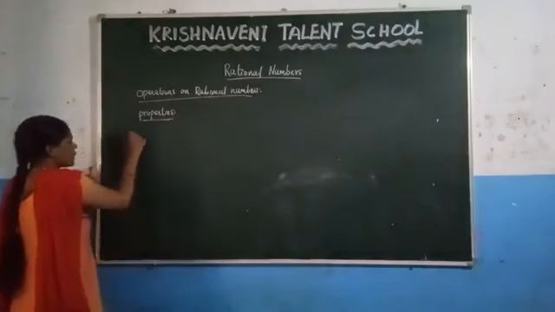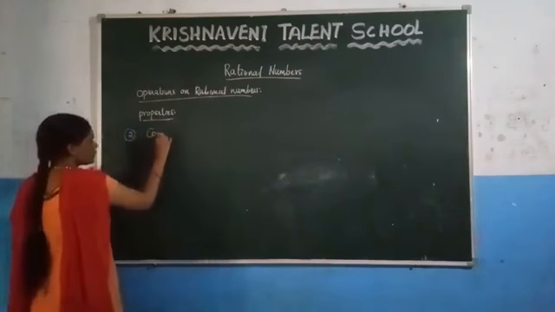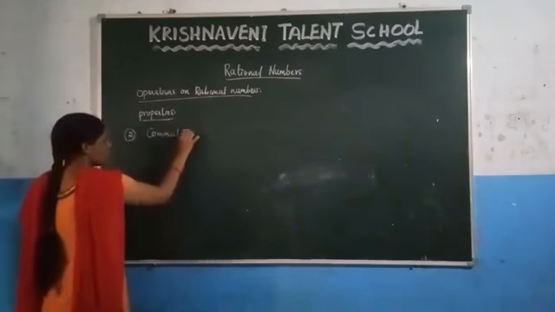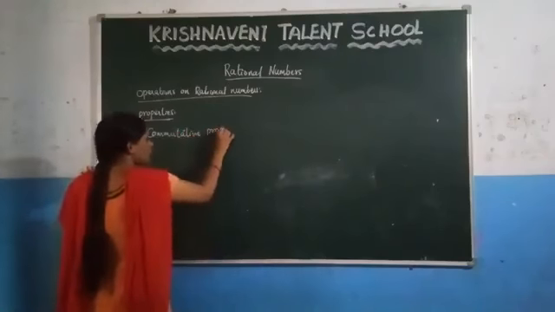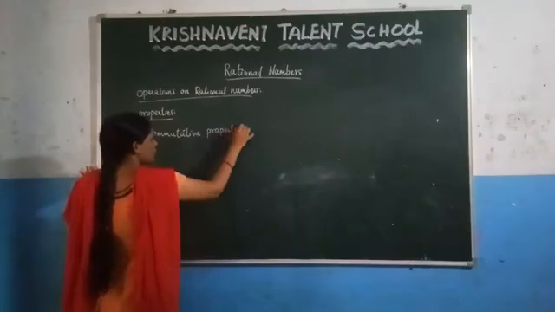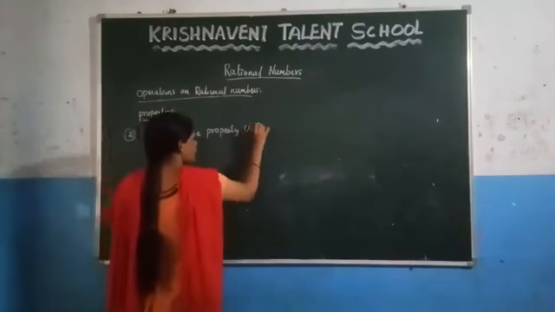The next property is commutative property. We are going to discuss this commutative property under addition, subtraction, multiplication and division. So let us see first under addition.